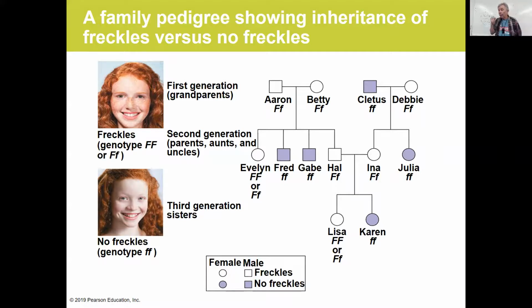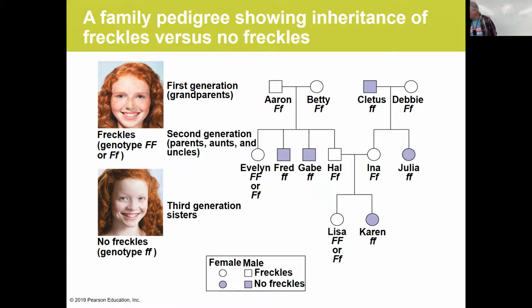They show the recessive phenotype. Oh, by the way, females are circles, males are squares in all of these pedigrees. Okay, and then if the individual in the pedigree shows the dominant phenotype, then you don't fill it in. If it shows the recessive phenotype, you fill it in, right?